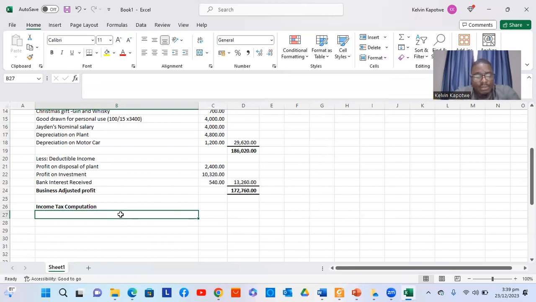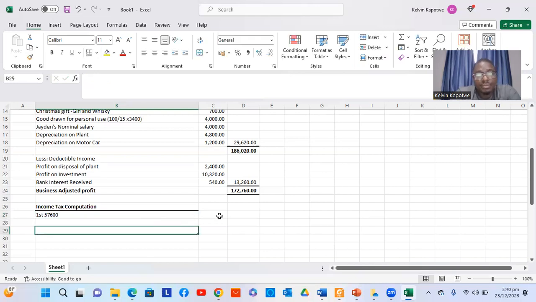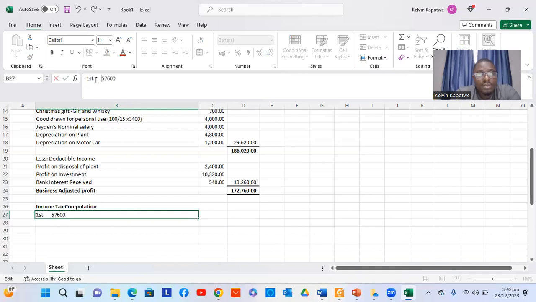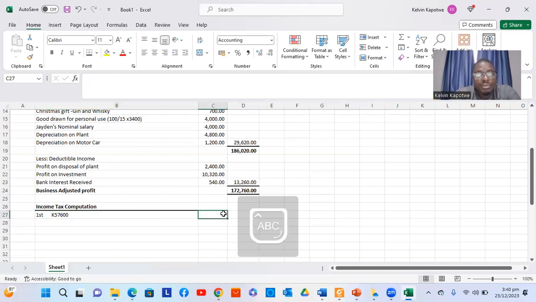We are saying the first, how much is that? 4,800 times 12, should be the first 57,600. The first 57,600 is taxed at 0%.